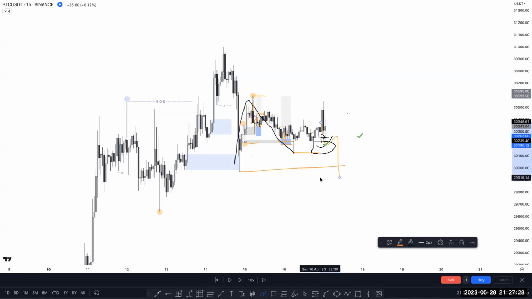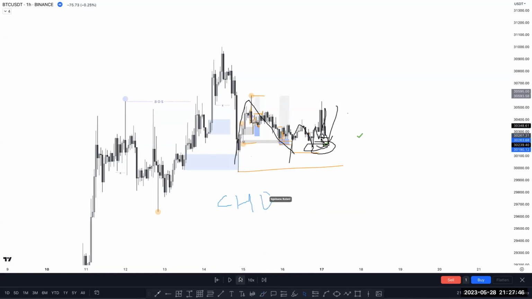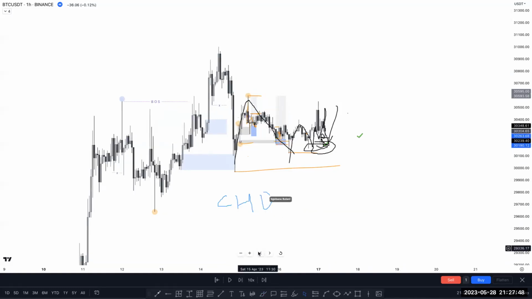It means we are looking for a structure change. Is this an internal move here, or is our main move happening? If this one is taken out, then you can definitely take a sell entry after the main low break and choch. Yes, sir. Okay. So let's see and wait for it.